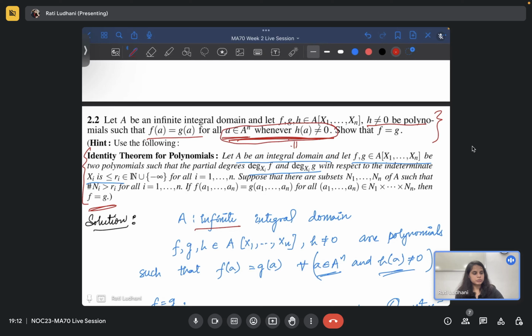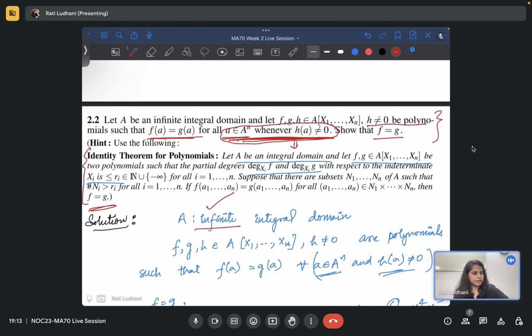Corresponding to each degree of xi, you have to produce such Nis from this information so that you can use the identity theorem and prove that f is equal to g. That's what the question asks.